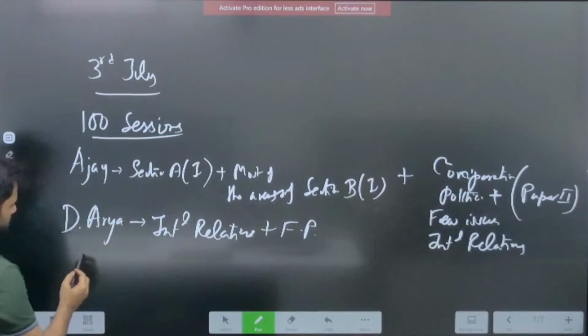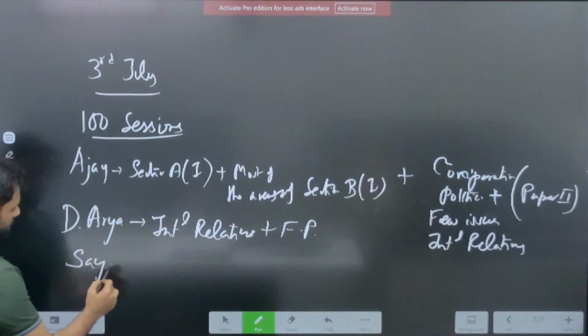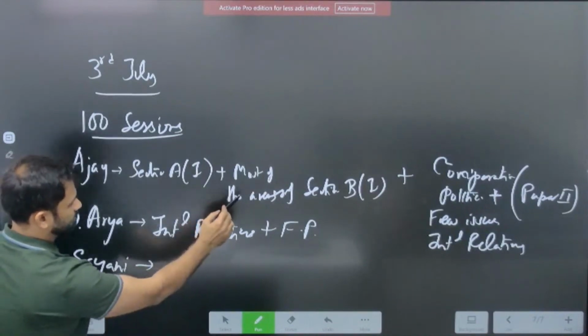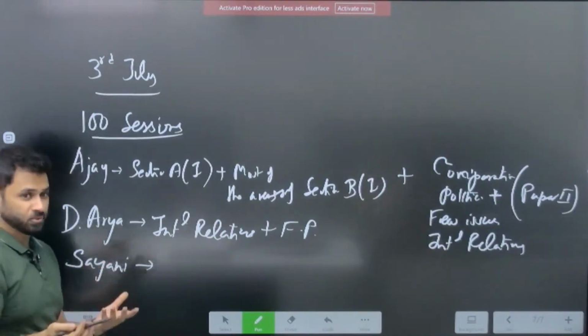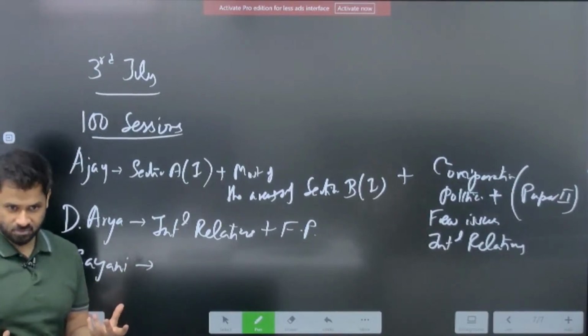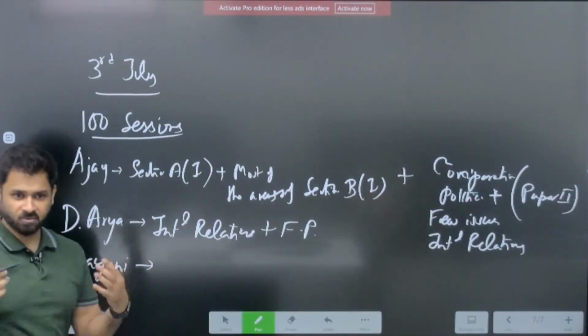And the third person will be Shayani ma'am. She is going to take a few sessions, those related to social issues, like social movements and religion, class, because her expertise is from sociology.